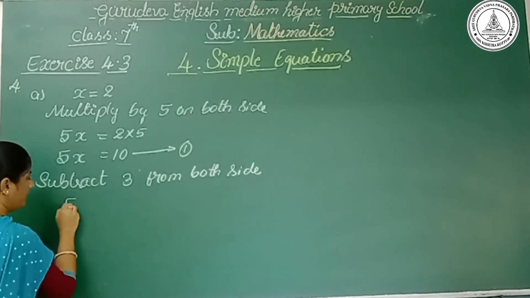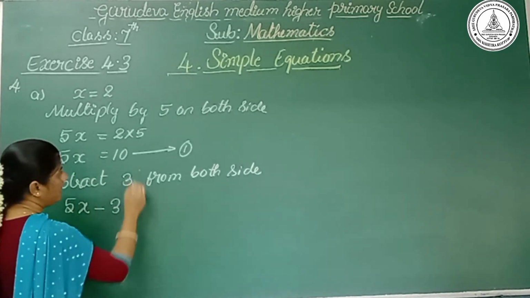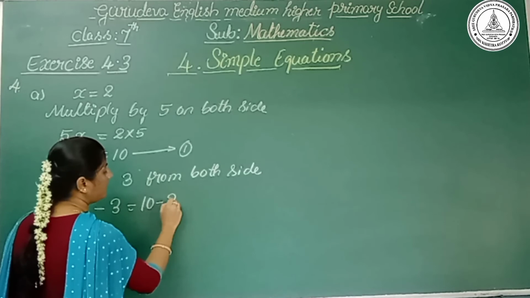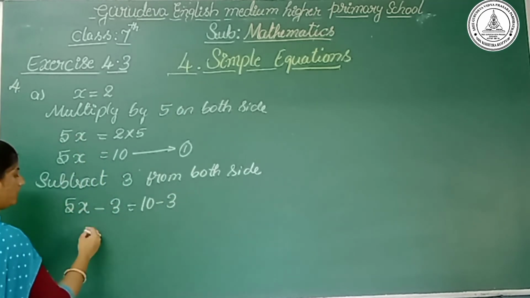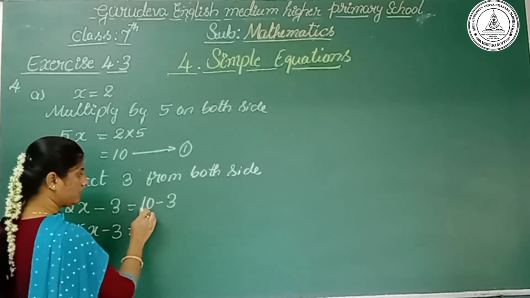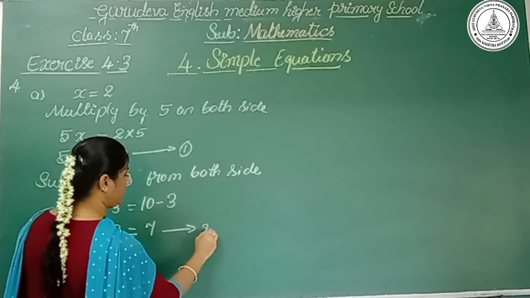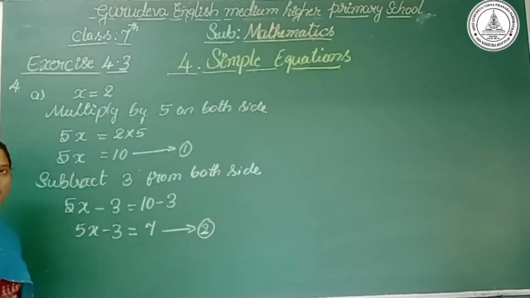Then we will get 5x. From 5x we have to subtract 3, and from 10 we have to subtract 3. Then what we will get? 5x minus 3 is equal to 10 minus 3, which is 7.